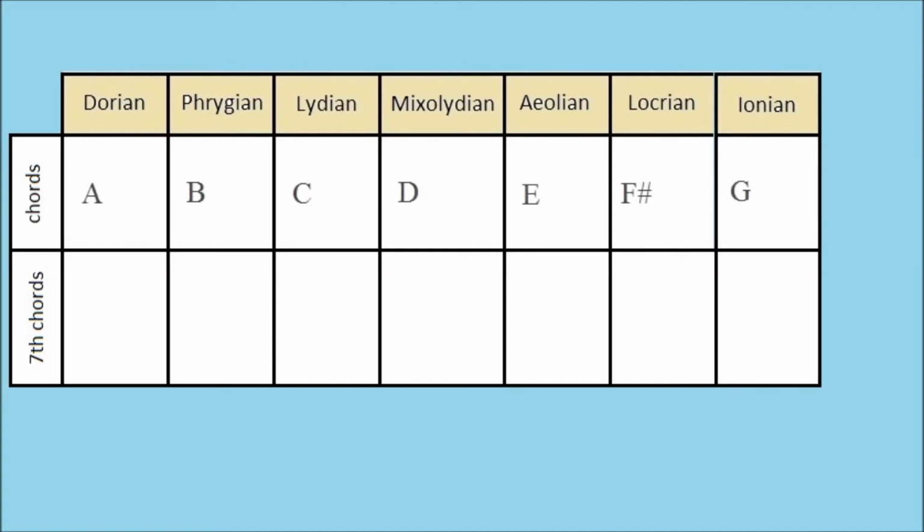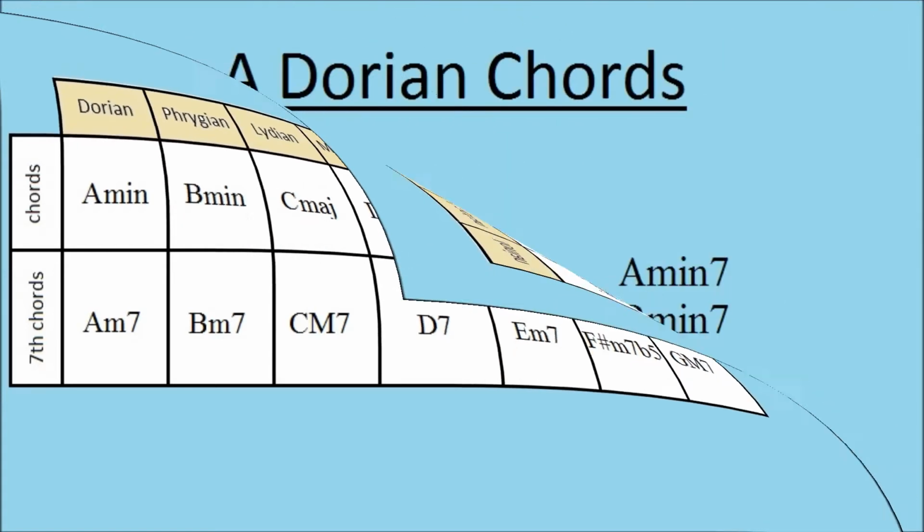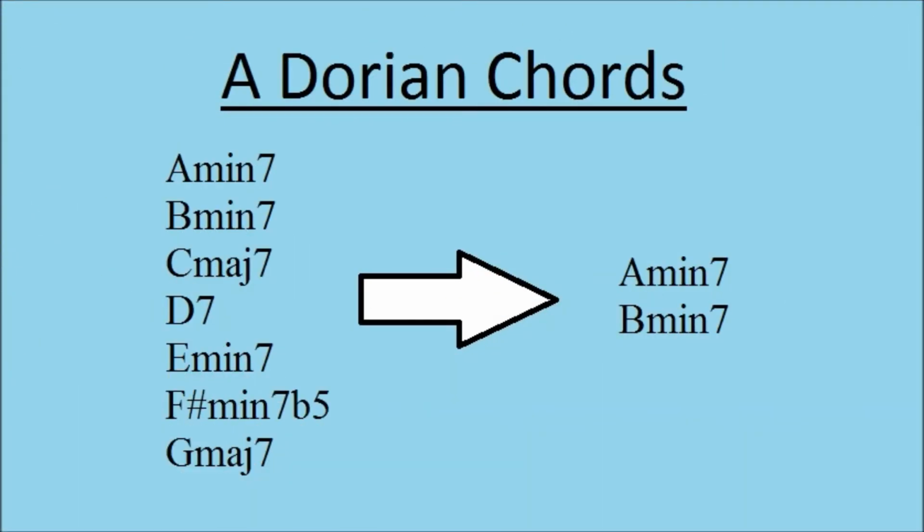Now write in the notes of A Dorian into the chart. Now write in the basic chords belonging to each mode. And finally, fill in the correct seventh chord for each mode. Now I'll just take two of these for the sake of simplicity, A minor 7 and B minor 7, and I'll give them a go.